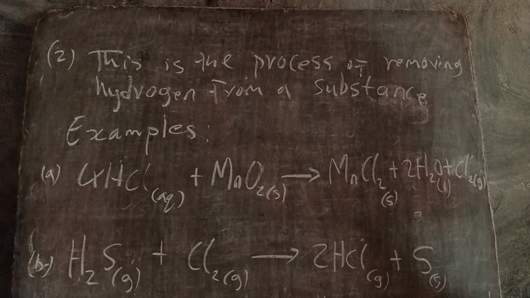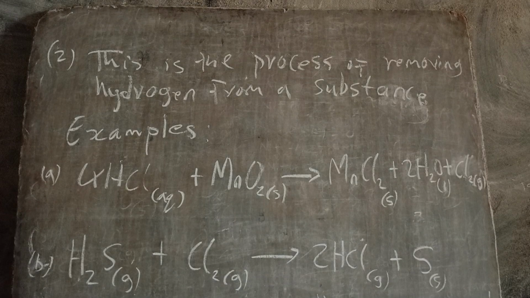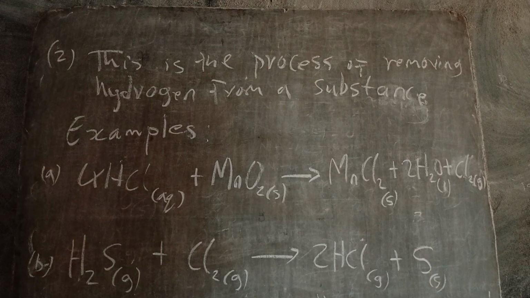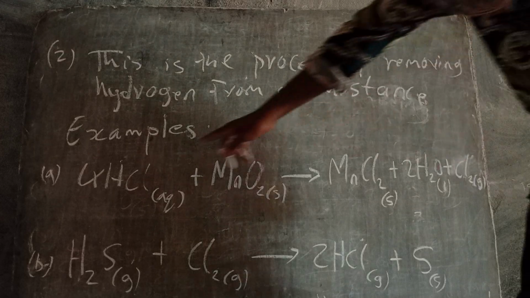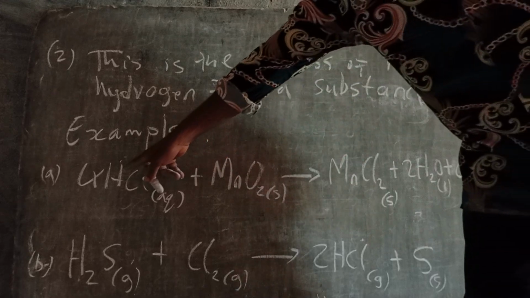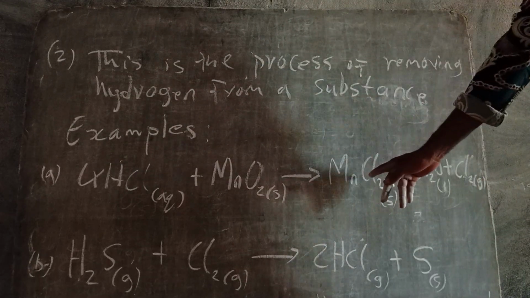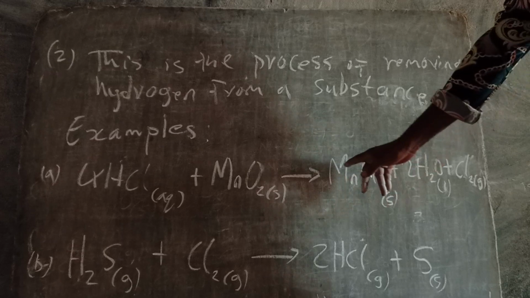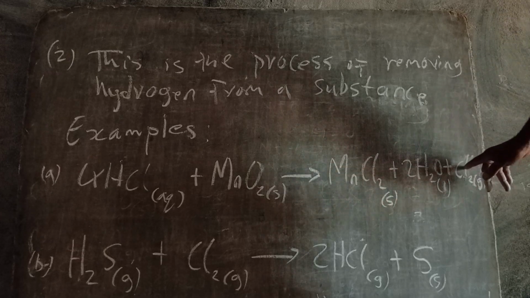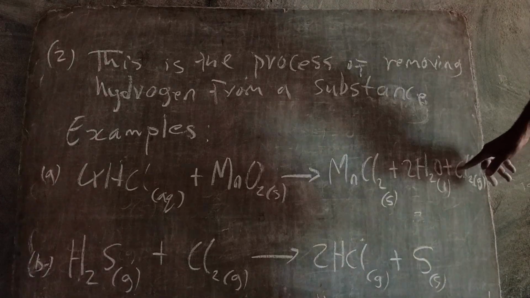Are you with me? So in this case, let us verify if it's indeed oxidation in terms of removal of hydrogen. Like this HCl, hydrochloric acid, are you seeing the hydrogen here? After the reaction, are you seeing chlorine?